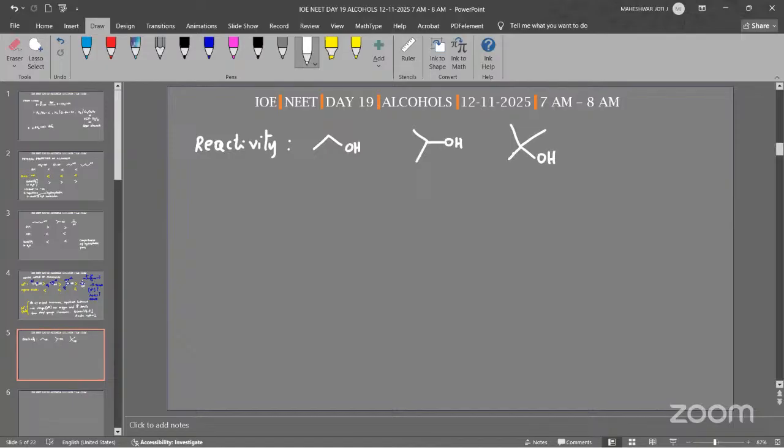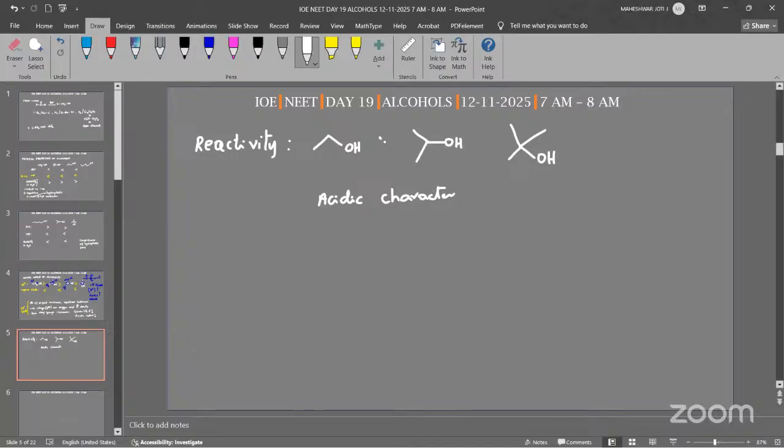Now, which compound is more reactive with respect to acidic character? If acidic character increases, they can react with bases or base-like substances easily, right?